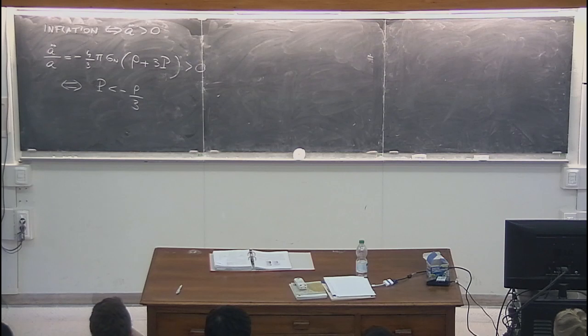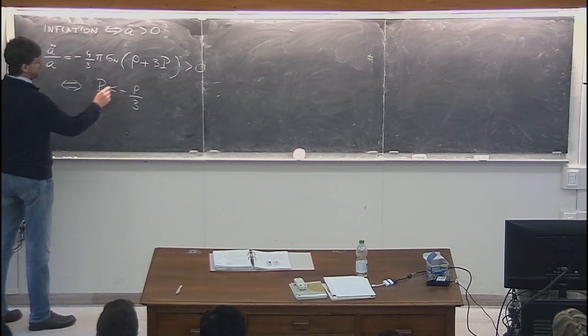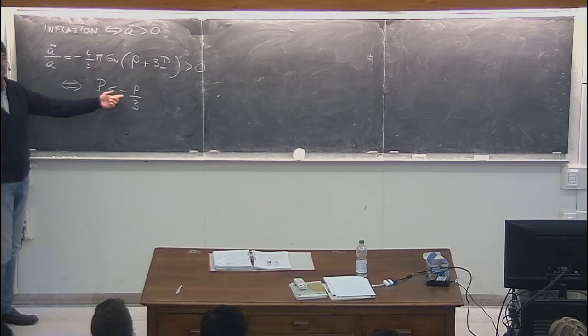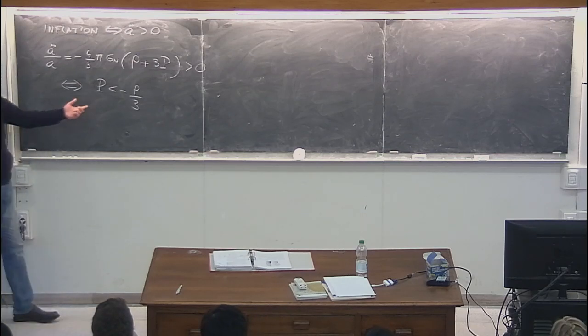Okay? So a period of inflation implies, if I realize it by a simple fluid, that the pressure of this fluid, whatever it is, has to be, first of all, negative, but also has to be, in absolute value, large enough to satisfy this condition.